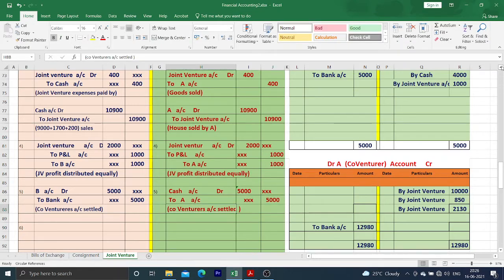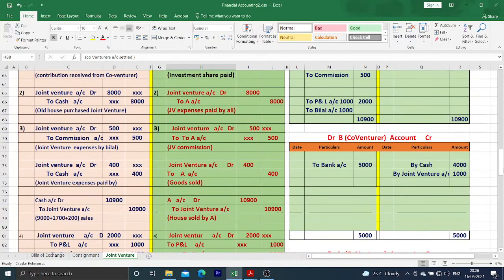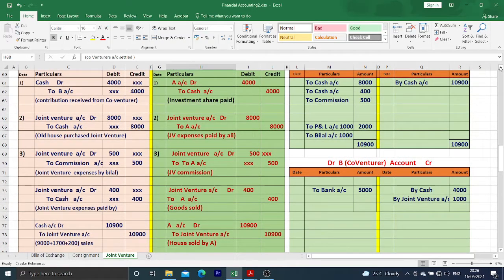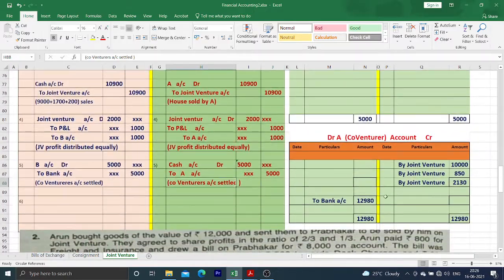One by one, look at the journal entries. First journal entry, joint venture account data, A account data to bank account or cash account. We are preparing A account in the books of B. Cash account is 4,000.